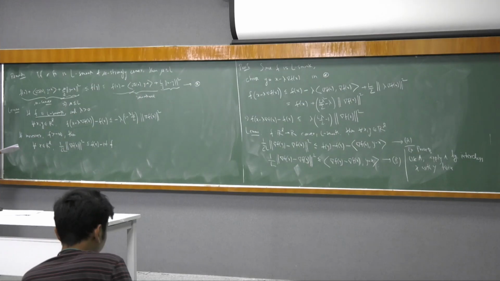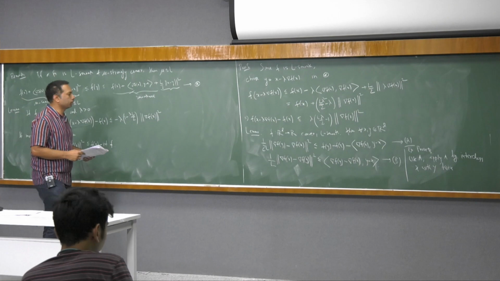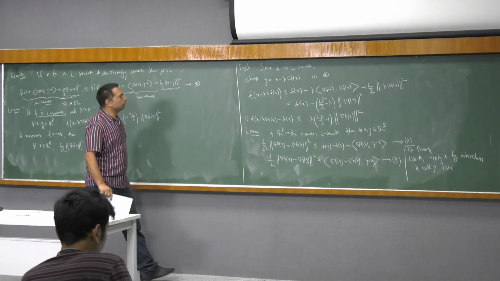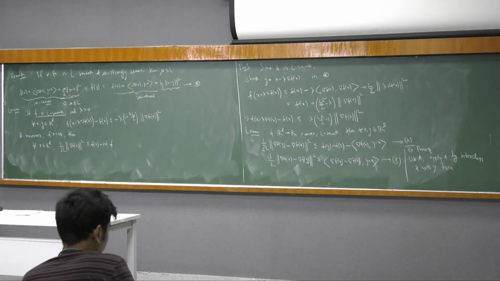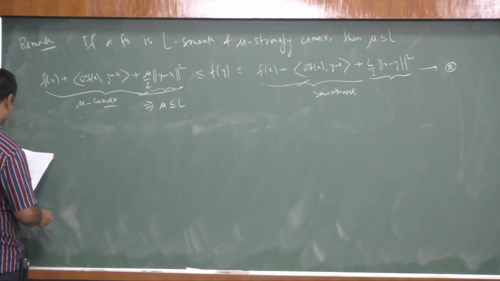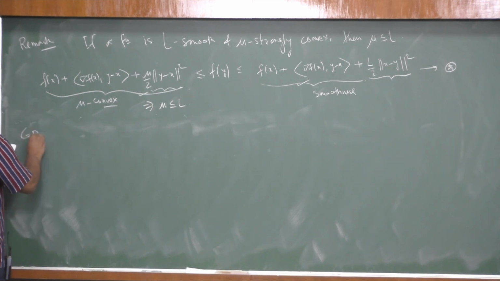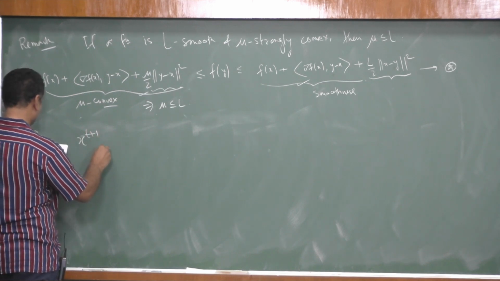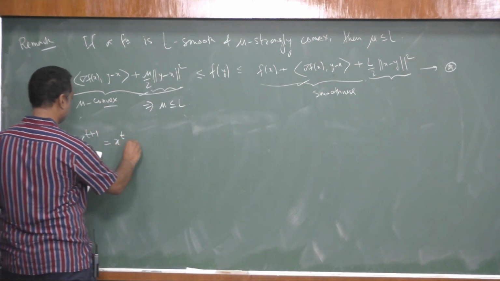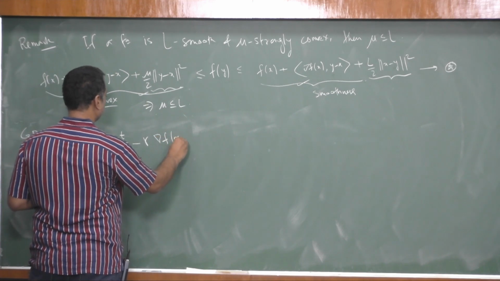Okay. So with this definition of mu strongly convex and smoothness, we would like to use these results for gradient descent as well. In this case, we will prove that the gradient descent also converges. Gradient descent, we have seen this quite a few times, is x_t minus gamma grad f(x_t).